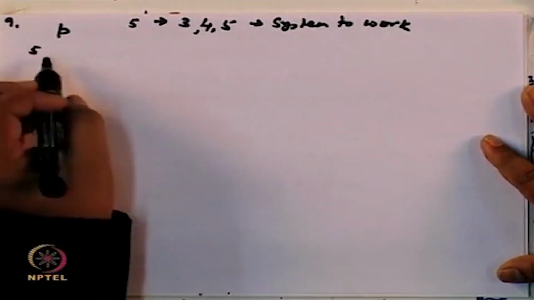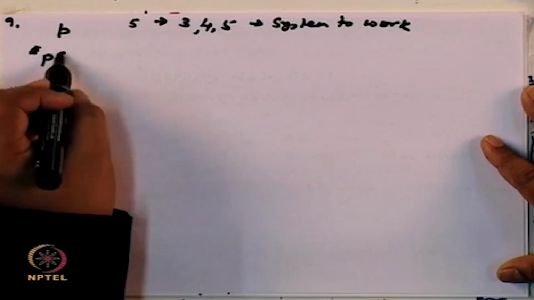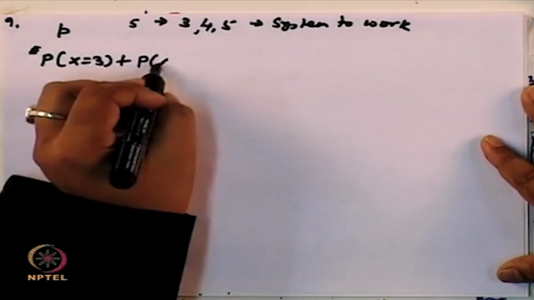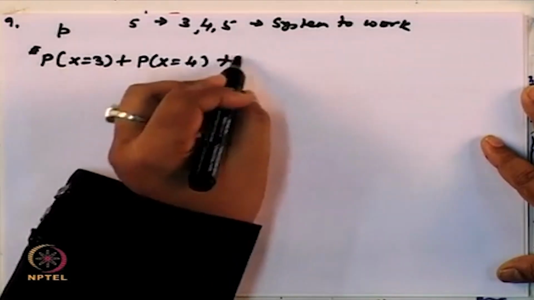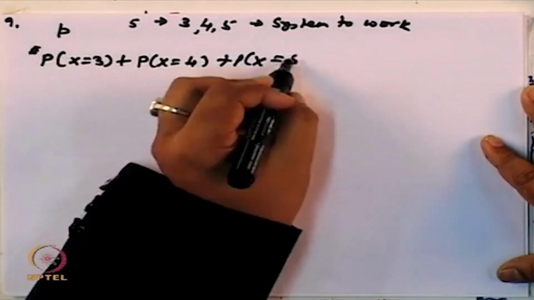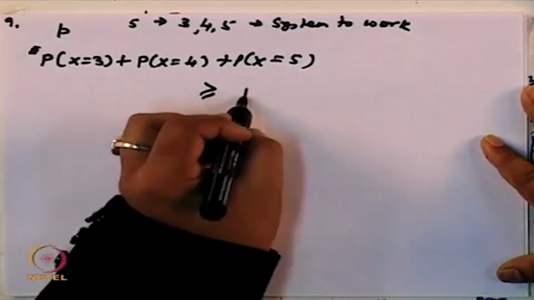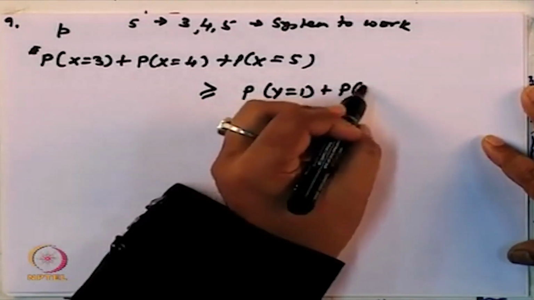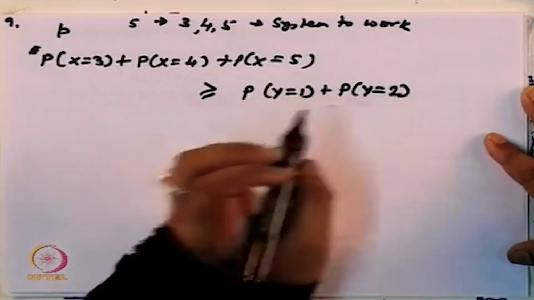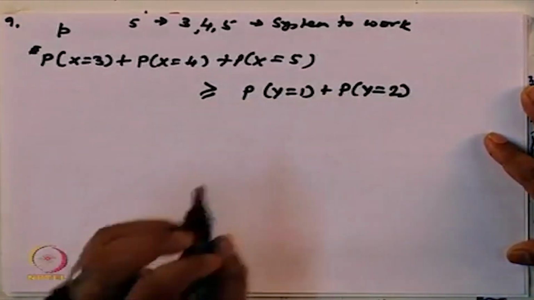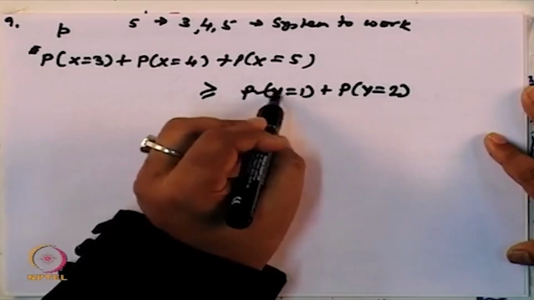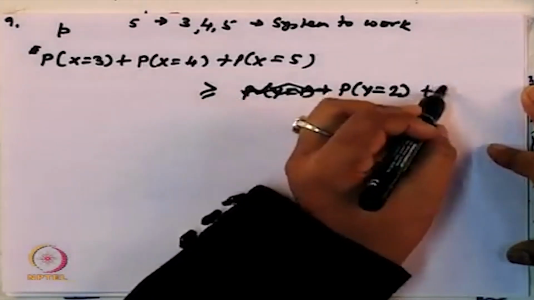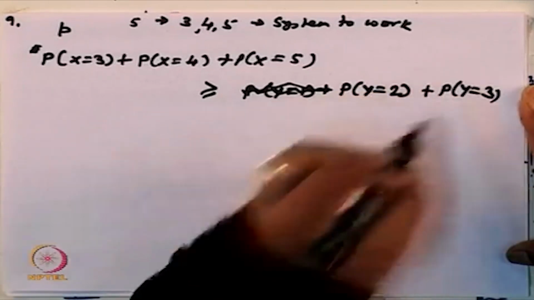This probability is probability of x equal to 3 plus probability of x equal to 4 plus probability of x equal to 5. And this is greater than probability of y equal to 1 plus probability of y equal to 2. Okay. Sorry, at least half is working. Okay. y equal to 3.